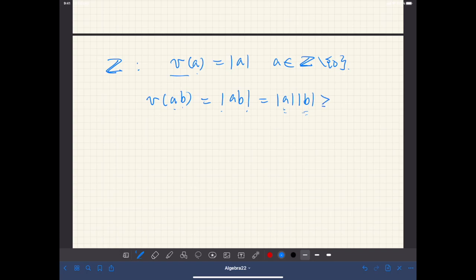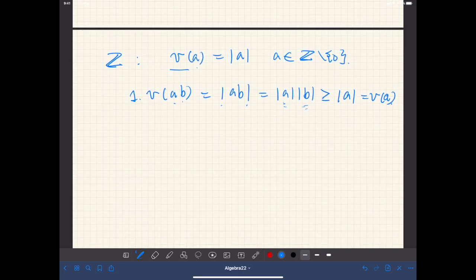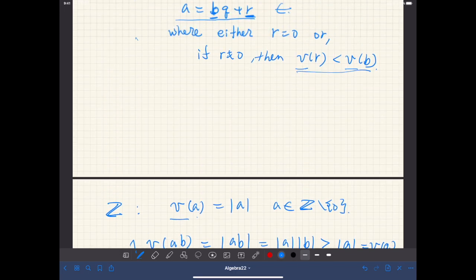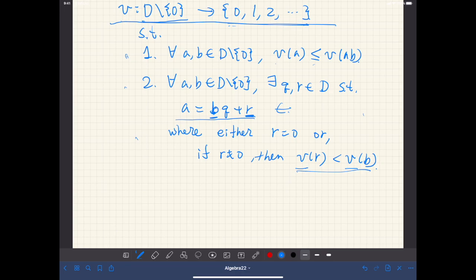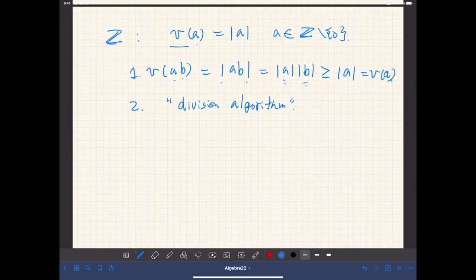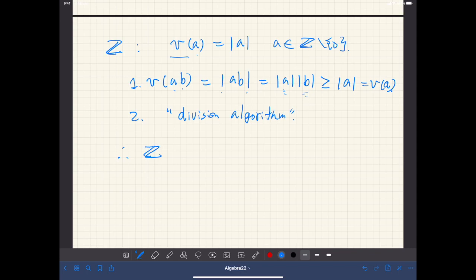Therefore, this is greater than or equal to the absolute value of A, but this is equal to V of A. So the first condition is satisfied. And the second condition is just the division algorithm, which we know is true for the set of integers. So therefore, the set of integers is a Euclidean domain.